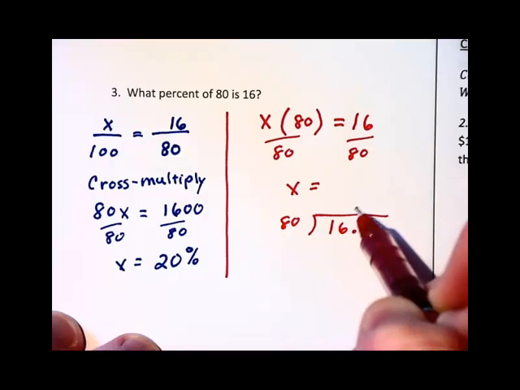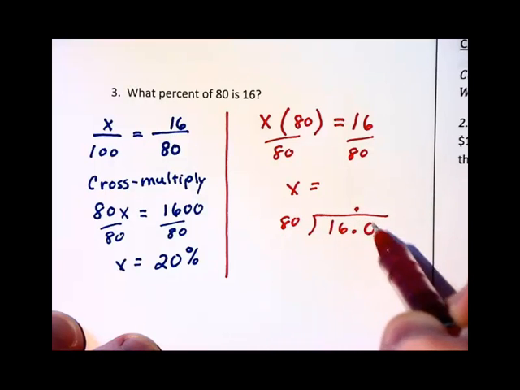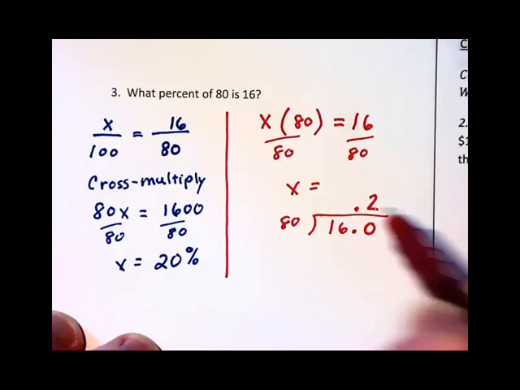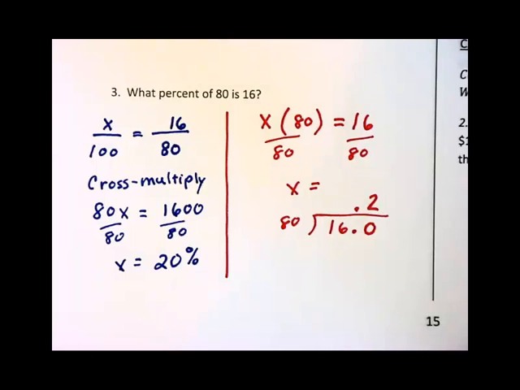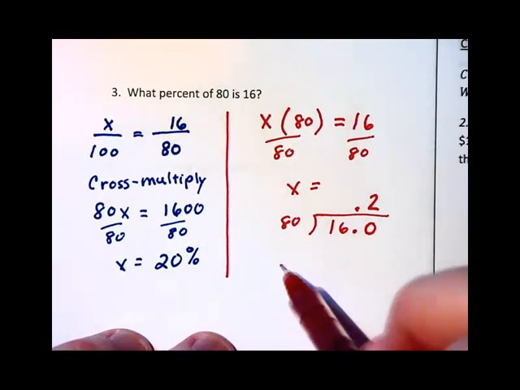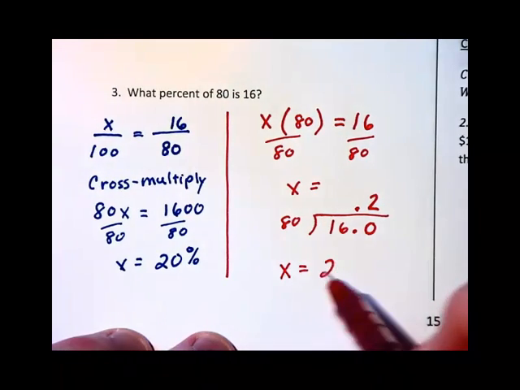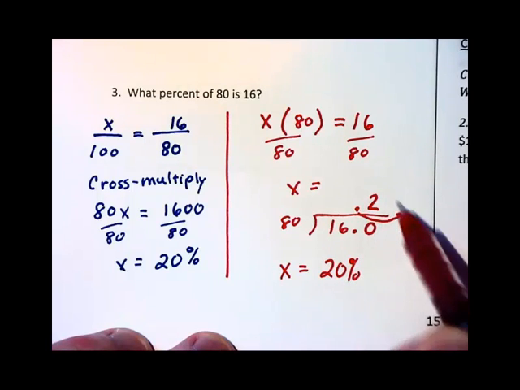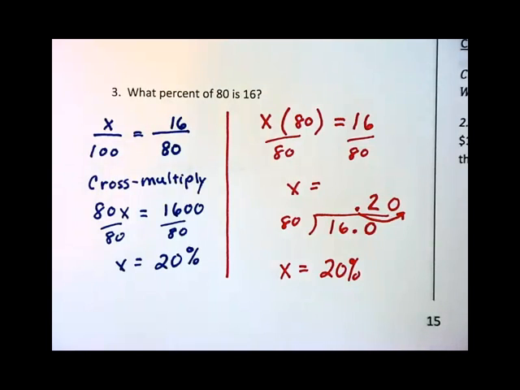You need to put your decimal in. You can put a 0 after it. Now 80 goes into 160 2 times. Your answer is not 0.2, as you can see on the left. You'd have to know on your own to convert that to 20%, moving the decimal 2 places to the right.